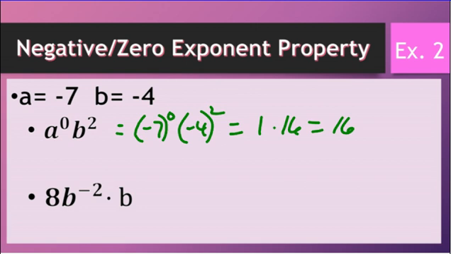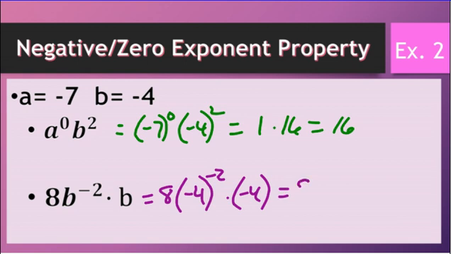And the last one here, we have 8 times b, which is negative 4 to the negative second power times negative 4. So here we have 8 over 1 times 1 over negative 4 squared, which would be positive 16, times 4 over 1.